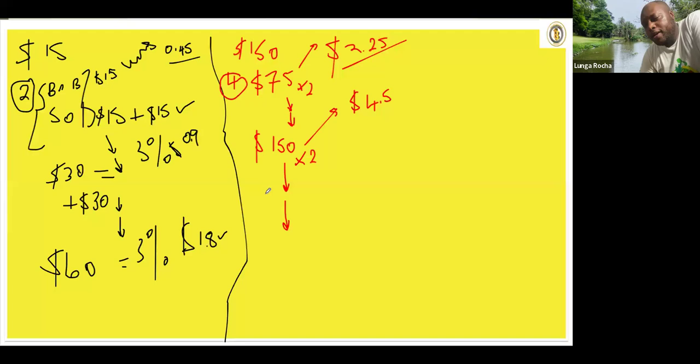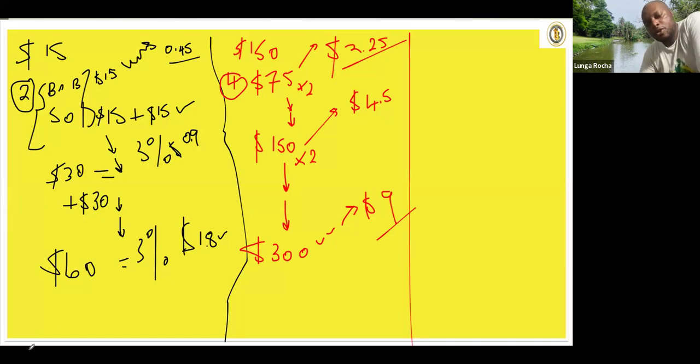Now, you are sitting at the market position amount of $300. Surely the market will rise for me. You just have to be patient. You hit your 3% here. 3% of what? $300. 3% of $300 will be $9. Done.